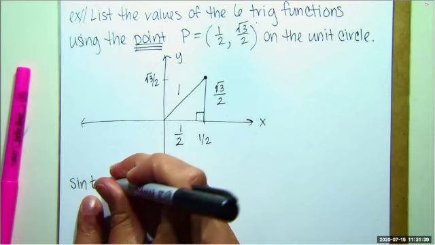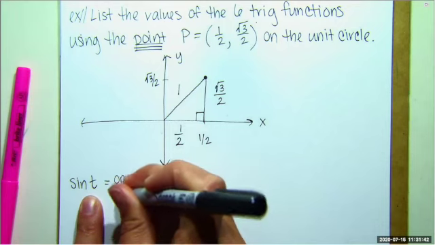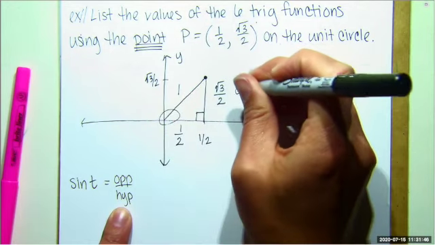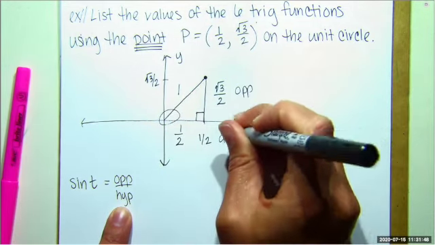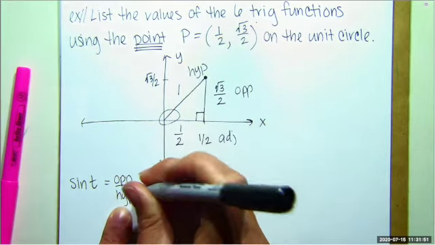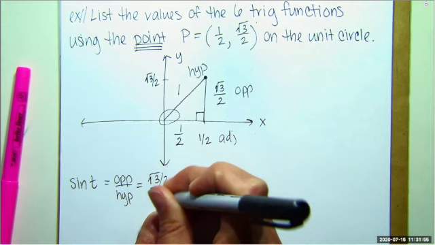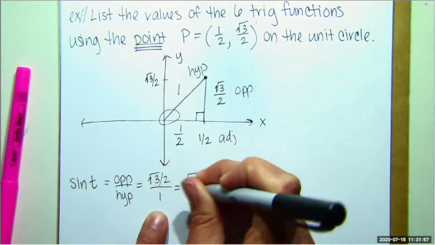So sine of t is opposite over hypotenuse. Here's our angle of reference, so here's opposite, adjacent, hypotenuse. Opposite is square root 3 over 2, hypotenuse is 1, so we just have square root 3 over 2.